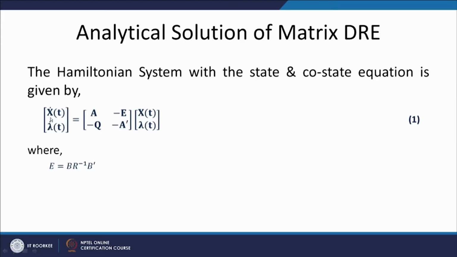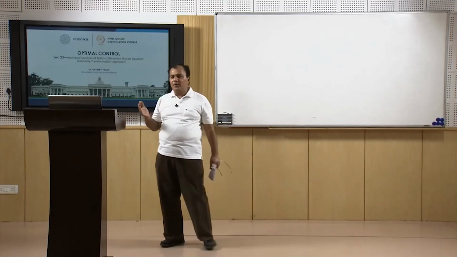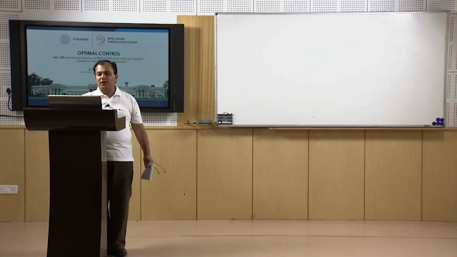As we know, the Hamiltonian system, which we already have discussed, is [x dot; lambda dot](t) equals [A, −E; −Q, −A prime] times [x; lambda], where E is nothing but B R inverse B prime. Again, A, E, Q, A are all functions of time, so we are taking the time varying system, but for simplicity this t has been dropped from the matrices A, E, Q, A prime.